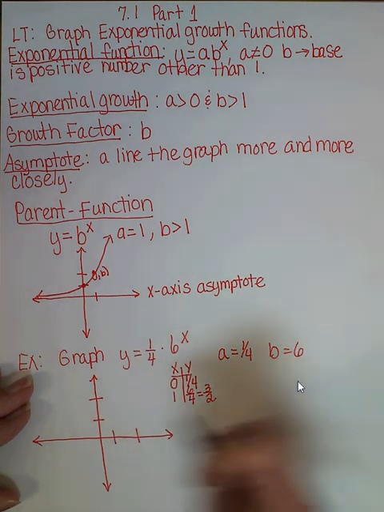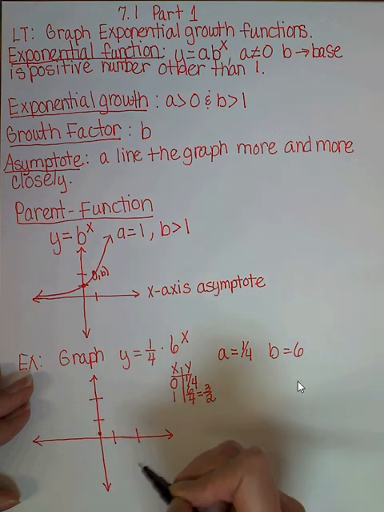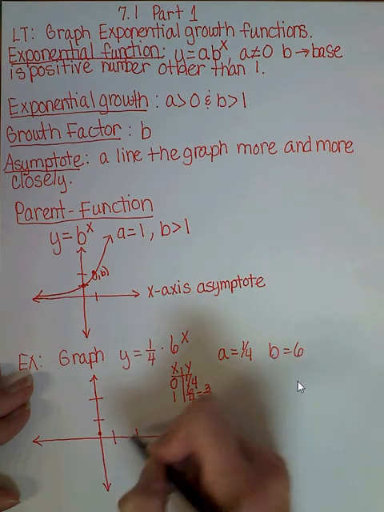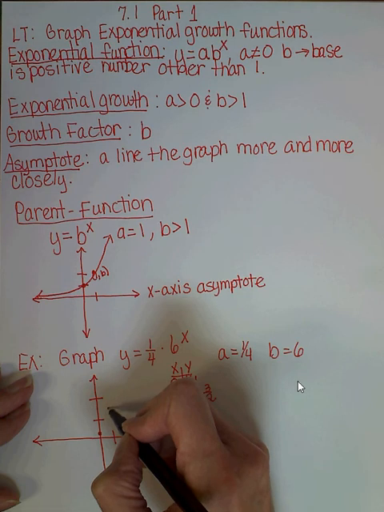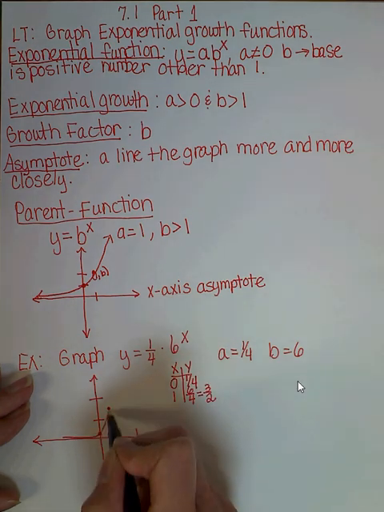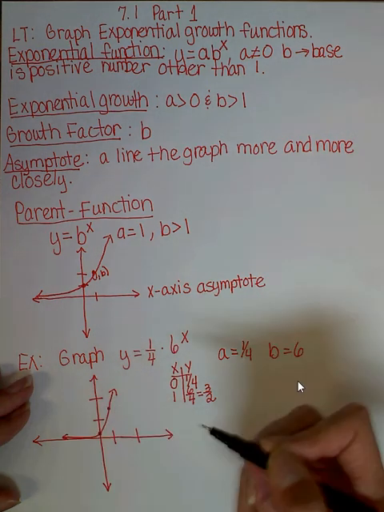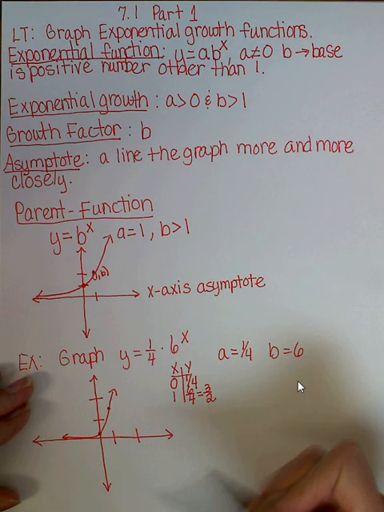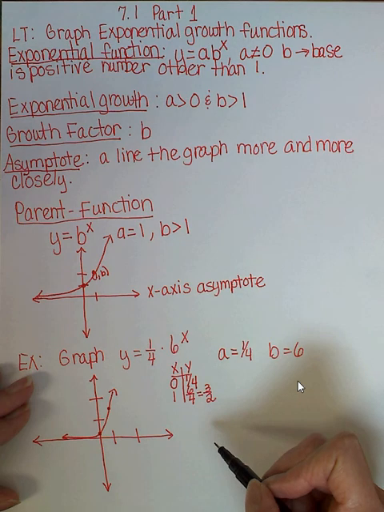Alright, (0, 1/4), and 3 over 2 is 1.5, so it'd go about right here. Alright, so remember, close to the asymptote, but make sure when you graph it, it doesn't cross the asymptote. I'll have to take off a point if you make it cross.